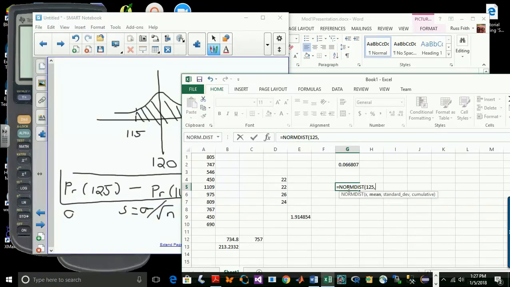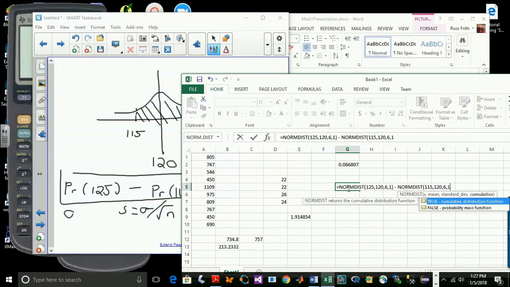My mean is 120. My standard deviation is 6. And we want cumulative, minus norm dist, not norm dot dist. Make sure you use norm dist. In this case, it would be 115, 120, 6, and 1. So this is the probability that 25 randomly selected students will take between 115 and 125 minutes.